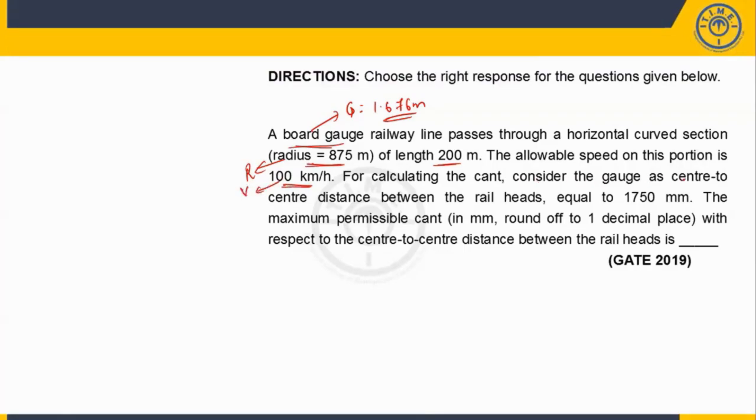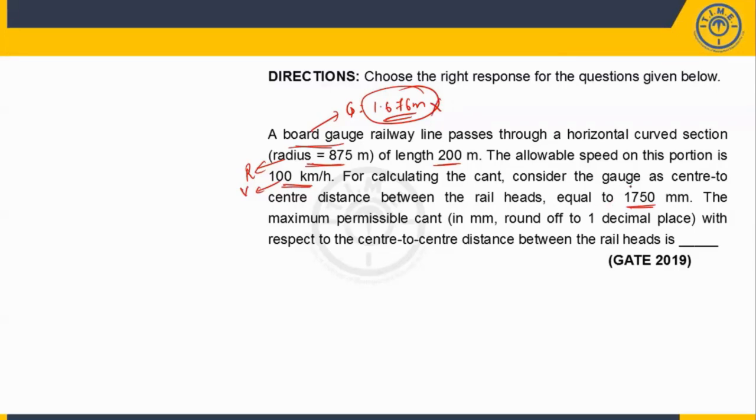For calculating the cant, the gauge's center to center distance is considered. How much is it? 1750. If this is not given, how much should we have considered? 1.676 meter. But when this is given, don't consider that.